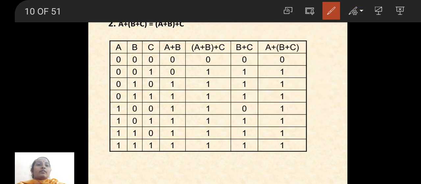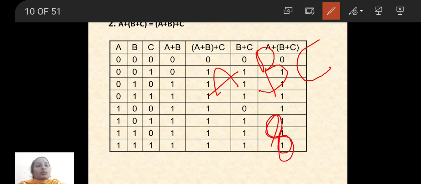Because how many variables are there? 3 variables: a is one variable, b is one variable, c is one variable. So according to the truth table, total 8 combinations occur, because 2 to the power of 3 is equal to 8.